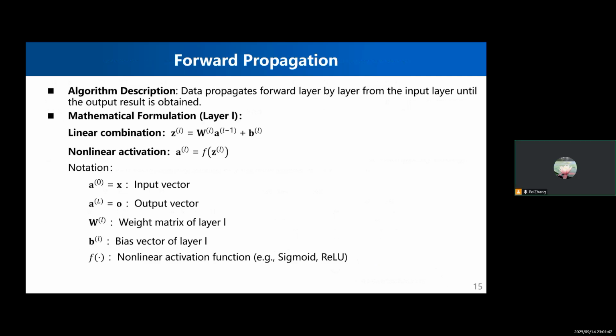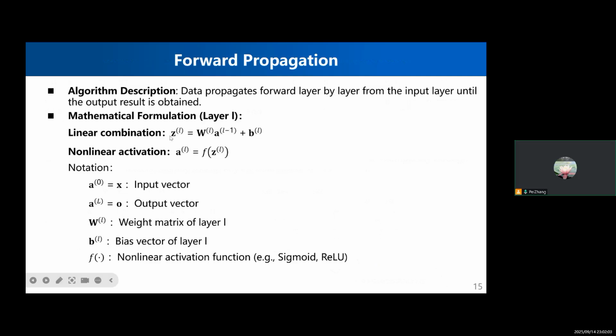The forward propagation: data propagates forward layer by layer from the input layer until the output result is obtained. In the mathematical equation, it can be written as follows.